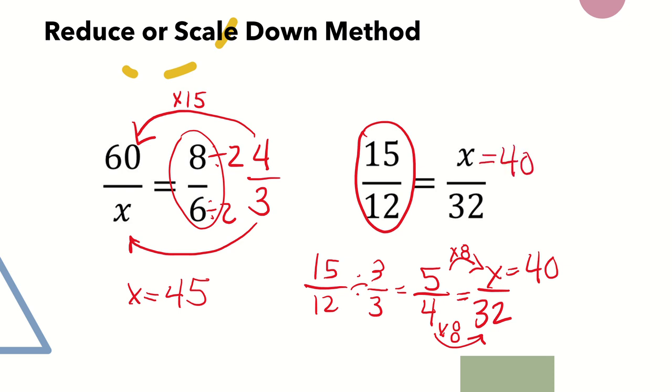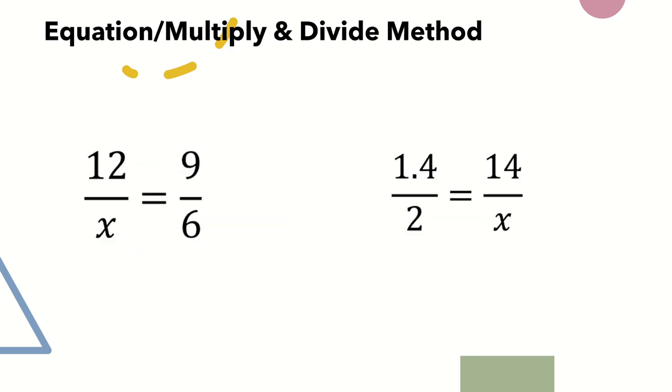Let's go over one more method. This is what I call, if all else fails, you can always go to this method and it'll give you the answer. All we're doing is setting it up in an equation. We're multiplying and dividing. How you set it up is up to you, but basically, you're finding the number that has a partner. In this case, we cannot use x because x is an unknown number. We do not know that amount. But I can do 12 times 6.